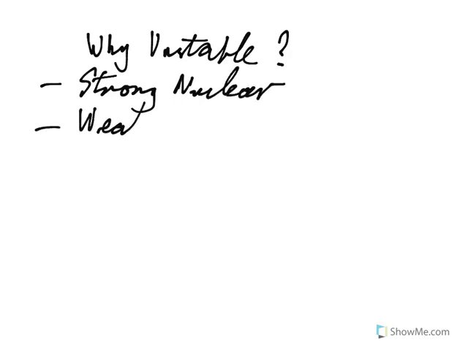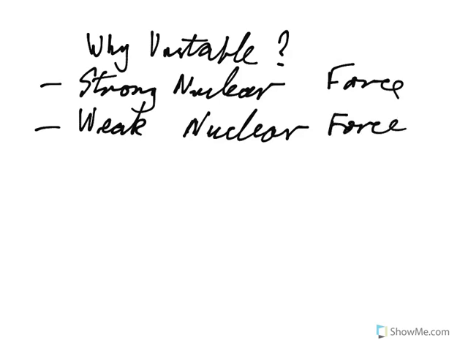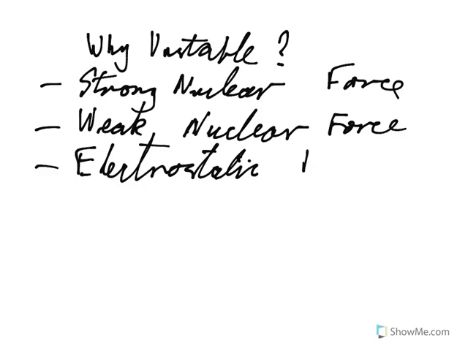We've got the weak nuclear force. And also, because there's charges in there, we've got electrostatic forces as well. The electrostatic forces are going to repel because there's lots of positive charges there, and somehow we've got to hold it all together.